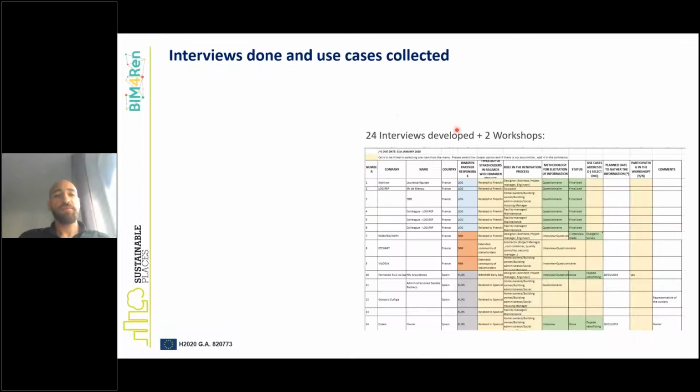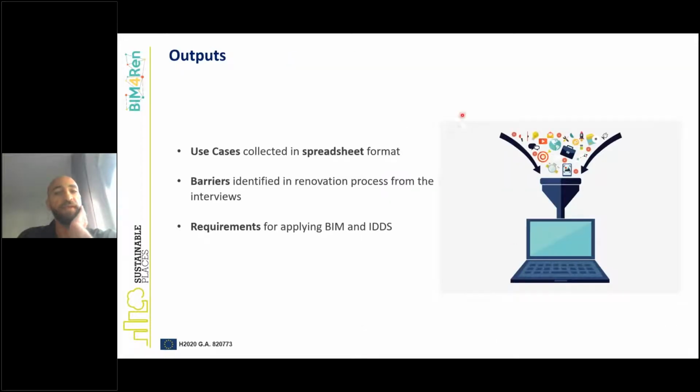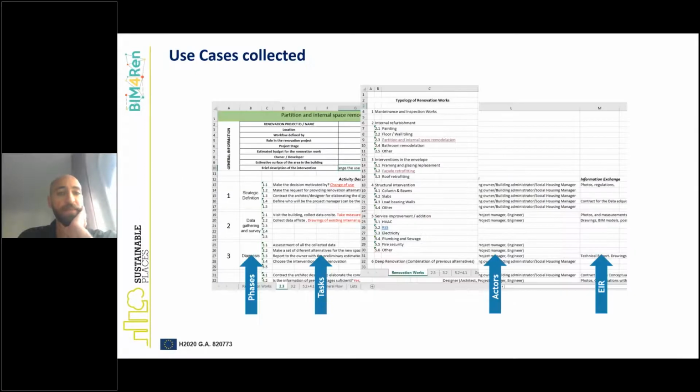Then we did some interviews and workshops based on a specific structure. And finally, we took all of that input and defined use cases and the main barriers against this renovation, and also the requirements to be applied in the IDDS later. I will give you an example for one of the use cases.